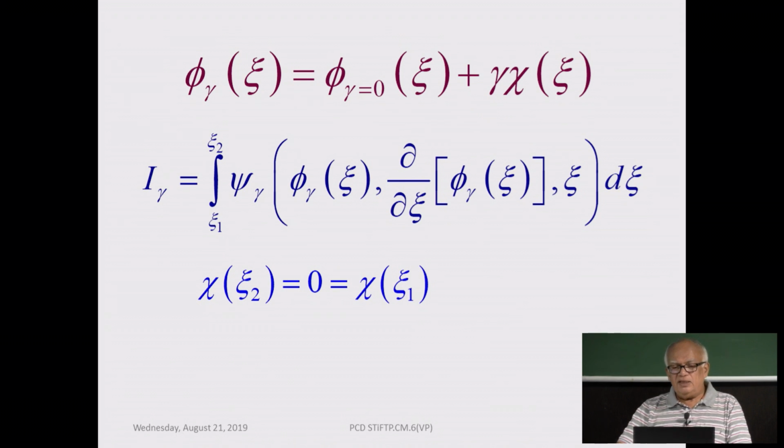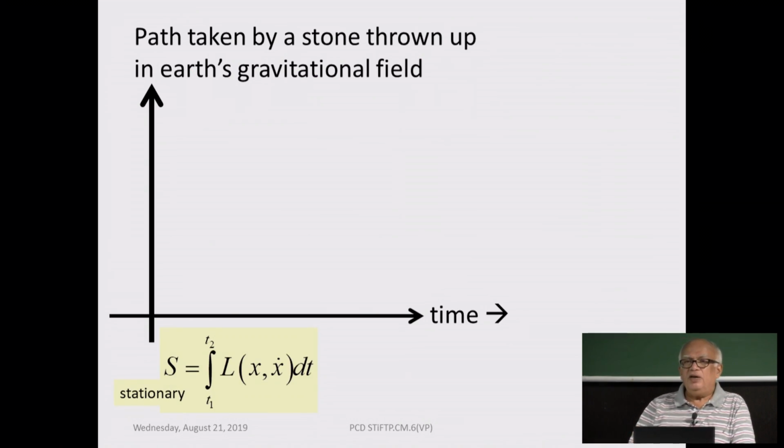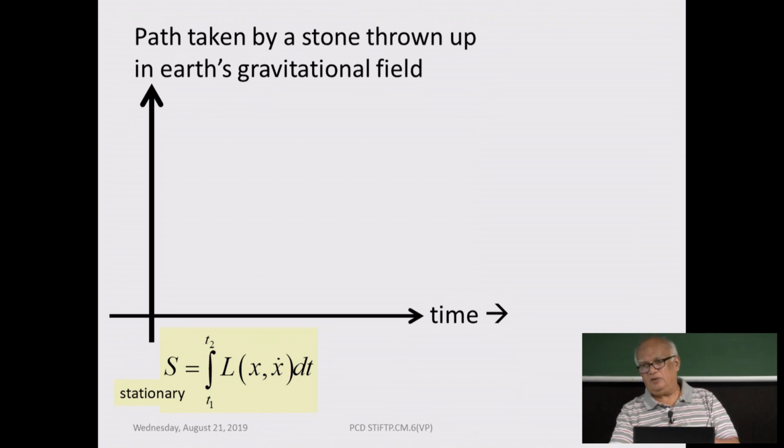So this is like solving a problem in mechanics in which you ask, if I take a piece of stone and throw it, what is its trajectory? That is a problem. So how would you solve it in Newtonian mechanics? You would set up the equation of motion, you need the force.